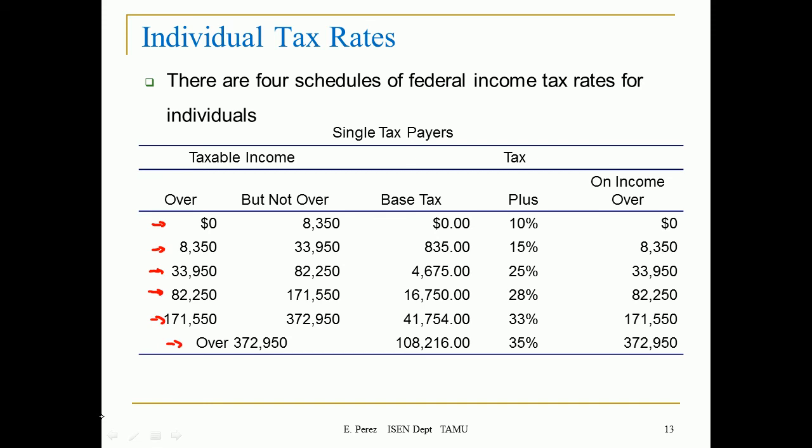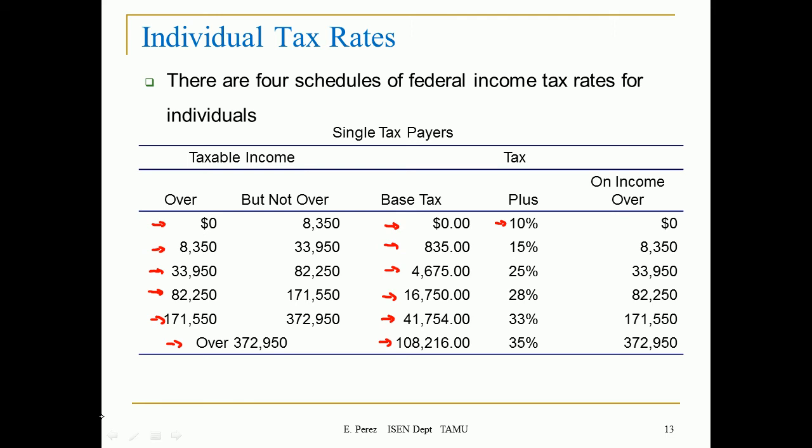Basically, based on your income, you're going to find out in which range you belong, and that will give you a base tax and also a percentage, and that information is used to compute the amount of taxes that you have to pay. I'm going to show you how to use this information with an example.